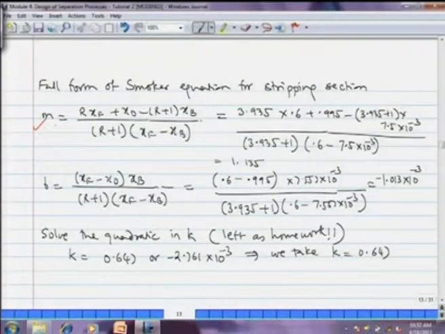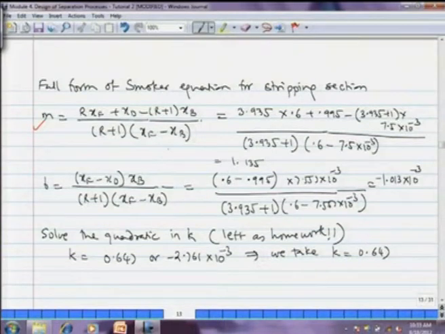So, what I have done is that I have directly taken these values from these books. You can always go back to the book and see the derivation. So, the slope of the operating line of the stripping section is m equal to r xf plus xd, etc. The intercept is xf minus xd into xb divided by r plus 1 into xf minus xb.